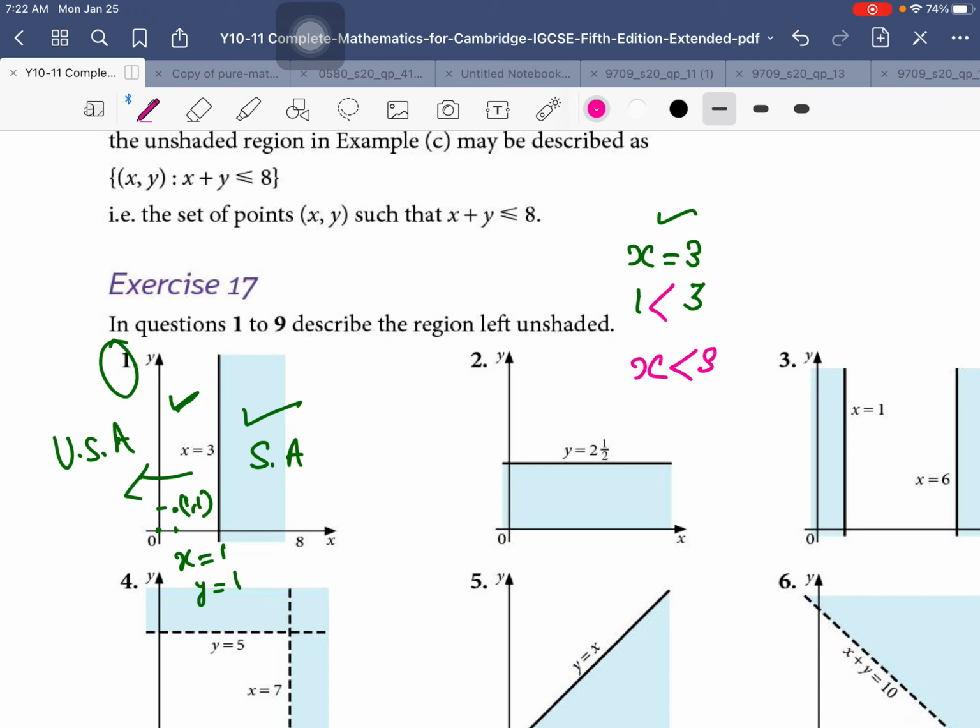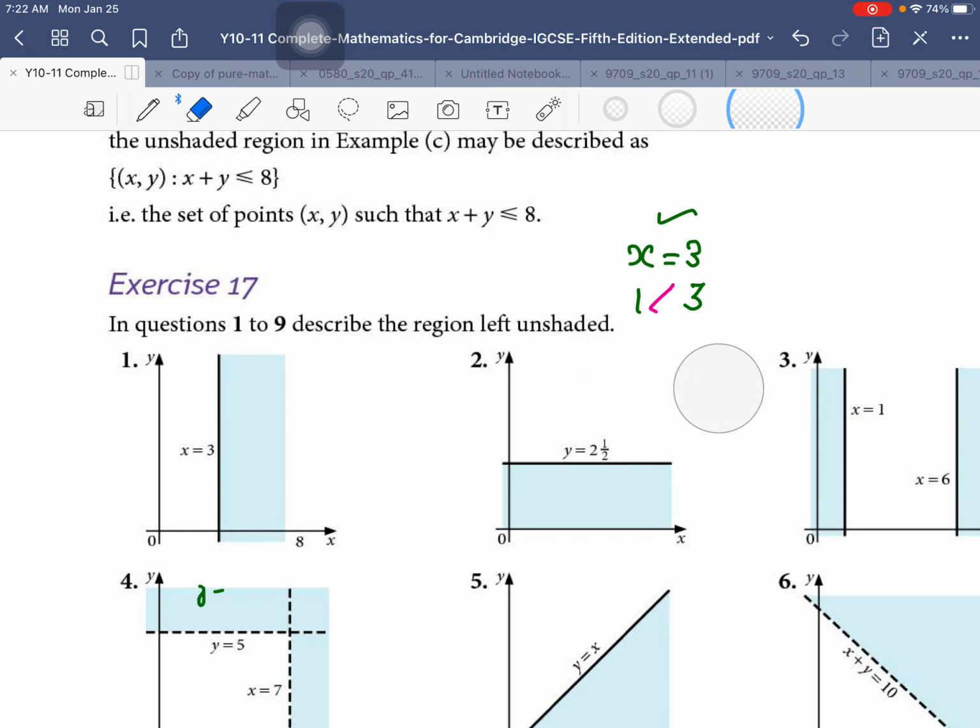So that's the answer to the first part. I write it here properly. The answer to the first part is x less than 3. Because this line is a dark line, we should write equal also. If this is a dotted line, we write only less than.